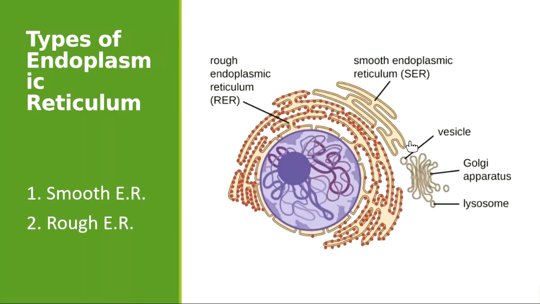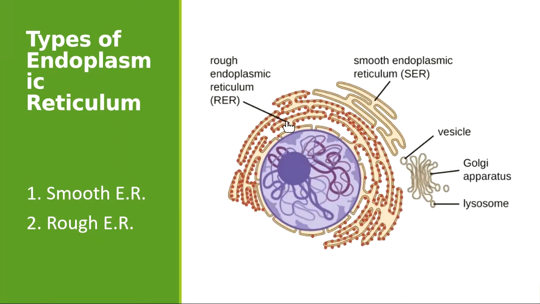There is a reason. Another organelle, known as ribosomes, is attached over these channels. The rough endoplasmic reticulum is commonly known as RER, and the smooth endoplasmic reticulum as SER.